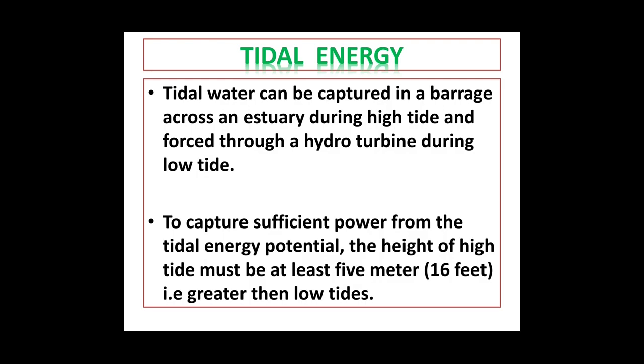During high tide, the water is captured in a barrage, and during low tide, the water is pushed through a hydro turbine. Now what happens? To capture sufficient power for the tidal energy potential, the height of high tide must be at least 5 meters. So this is a requirement for the production of tidal energy.